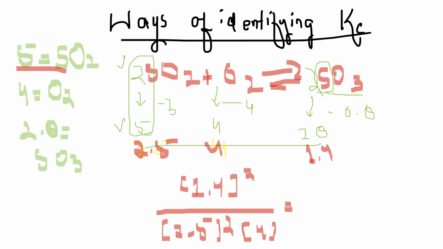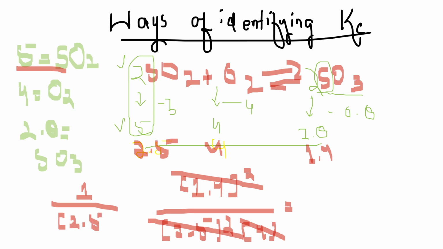Before starting anything, cancel these out. Like this, 2 would be cancelled, like 1 this one and 1 this one. Okay, now what are you left with? You are left with 1.4 squared over 2.5 squared times 4. Now simply write it out and you will end up with a simple answer.